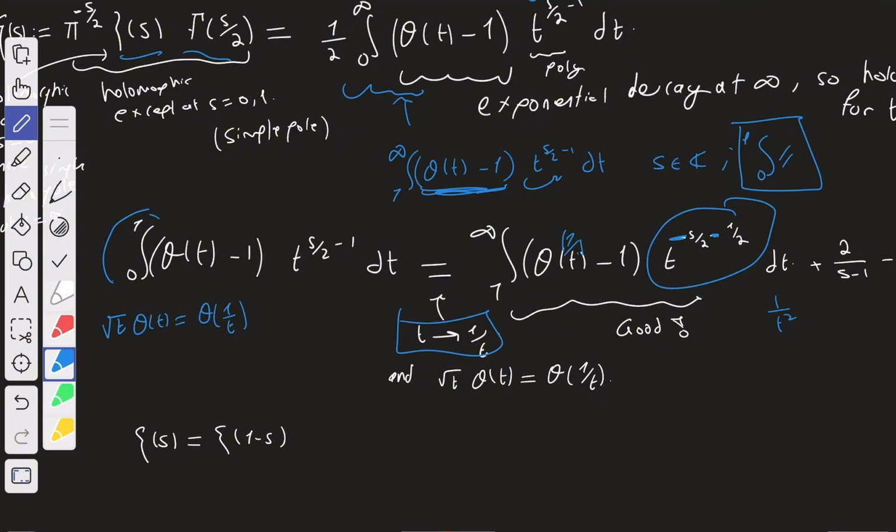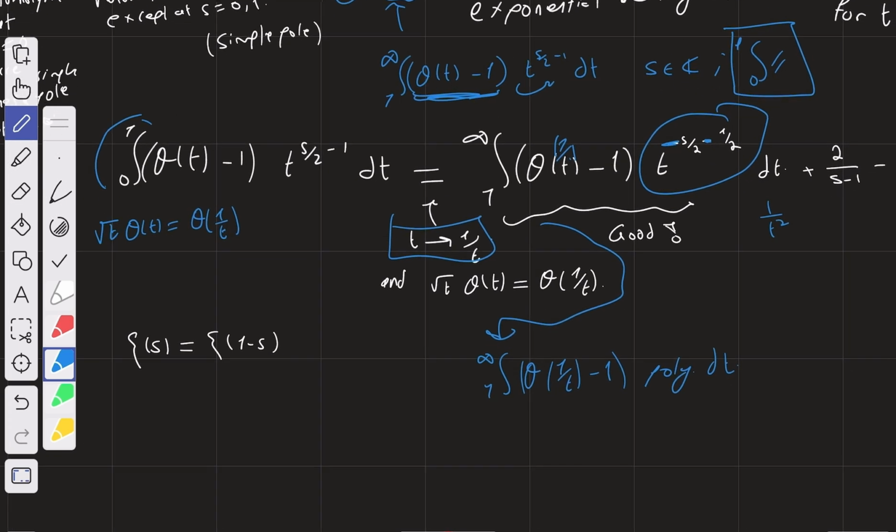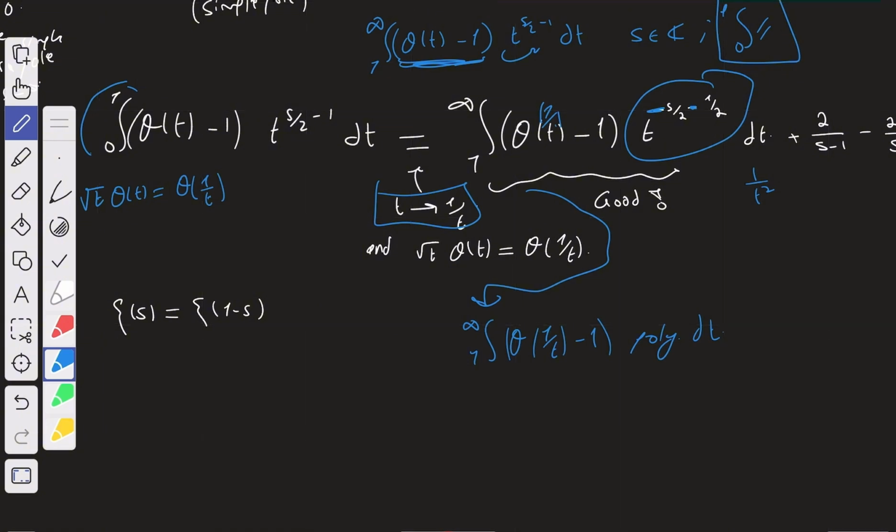So let us discuss this integral aside here: the integral from 1 to infinity of theta of 1 over t minus 1, times some polynomial, dt. What is this? Let's use the functional equation. It's the integral from 1 to infinity of the square root of t times theta of t minus 1, times some poly, dt.